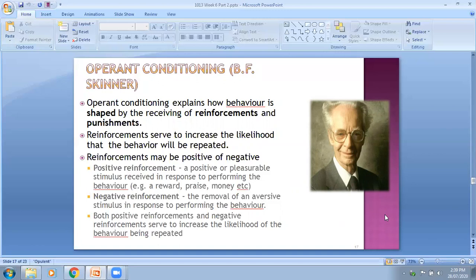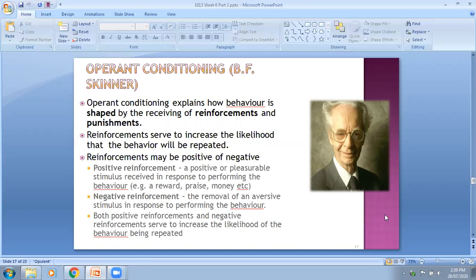So a positive reinforcement might be your parents giving you $10 for going and mowing the yard. That is a positive reinforcement. You've done something good. You receive something in response to performing that behaviour. Negative reinforcement can be the removal of an aversive stimulus in response to performing the behaviour.